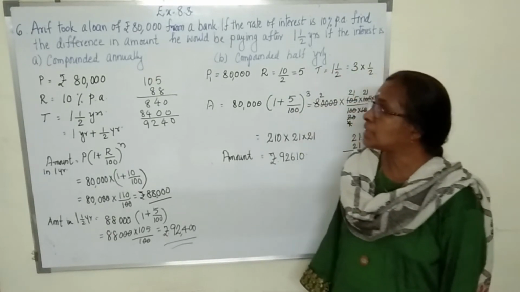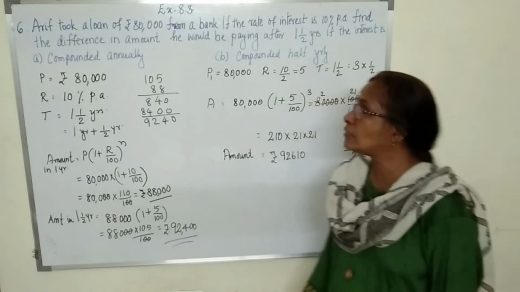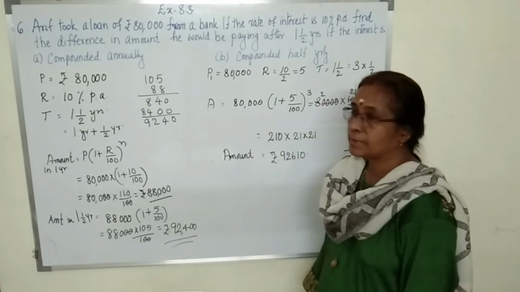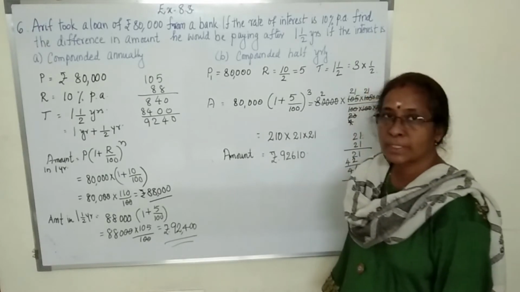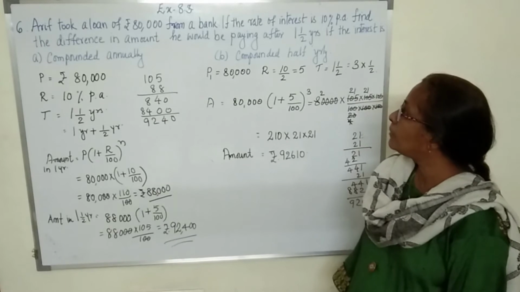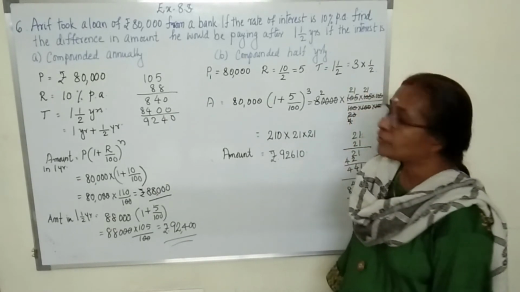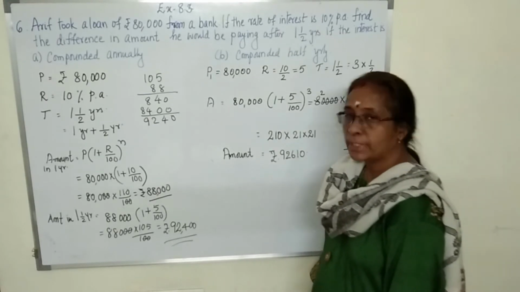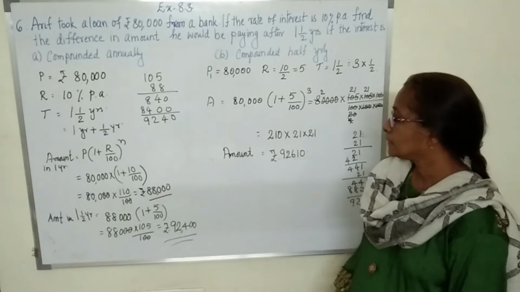The next question is, Arif took a loan of 80,000 rupees from a bank. If the rate of interest is 10% per annum, find the difference in amount he would be paying after 1.5 years if the interest is compounded annually and compounded half yearly.